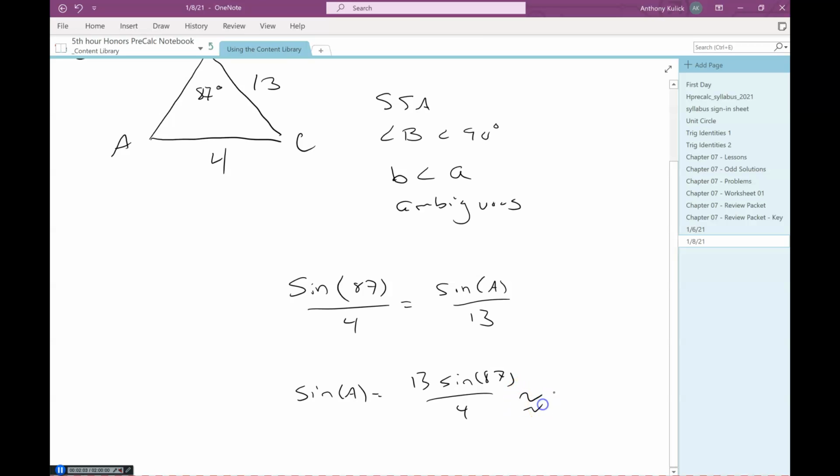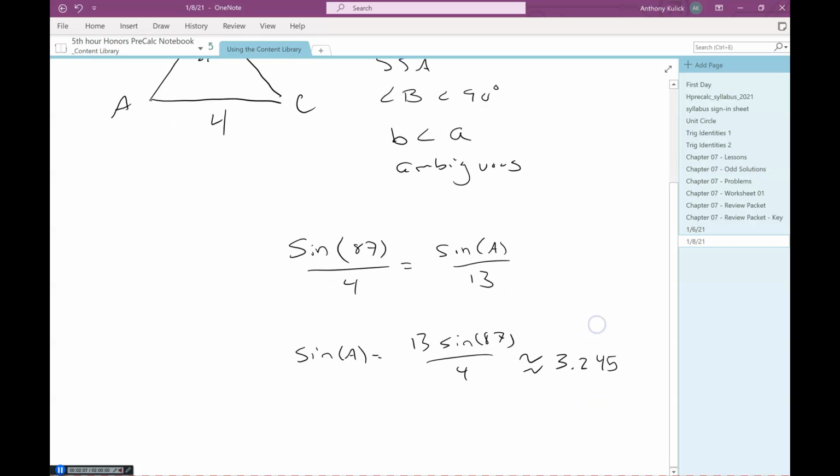That gives me about 3.25. And since that number is greater than 1, I know that there are 0 triangles possible. Does that feel okay? So again, I wrote a lot of stuff down, but I wanted to make sure it was easy to follow my reasoning on what I was doing and why I was doing things.